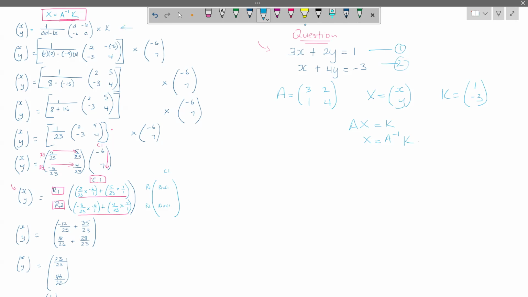This is your formula. xy is going to be equal to 1 over AD minus BC multiplied by D, minus B, minus C, A, multiplied by K. Now, somewhere along the line, you need to put next to your matrix A that it is equal to A, B, C, D, so that the examiner knows you're not just pulling this out of a hat.